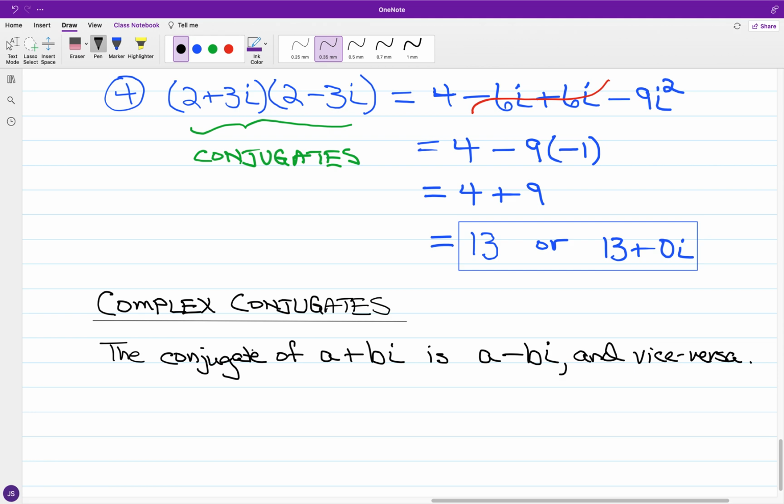And let me state this, just like this particular instance, the product of complex conjugates is a constant.